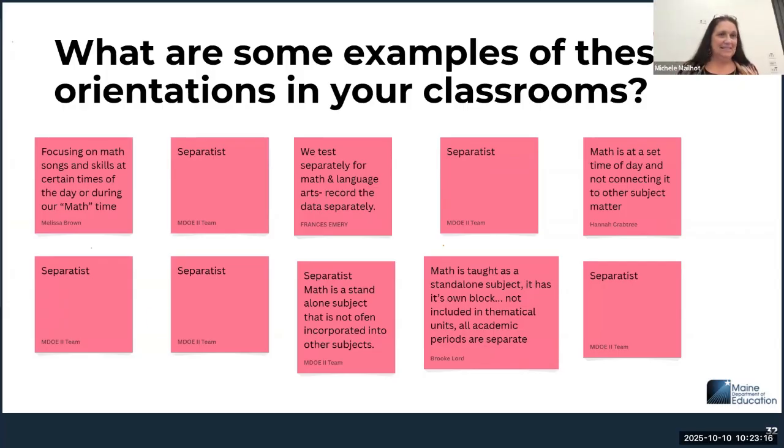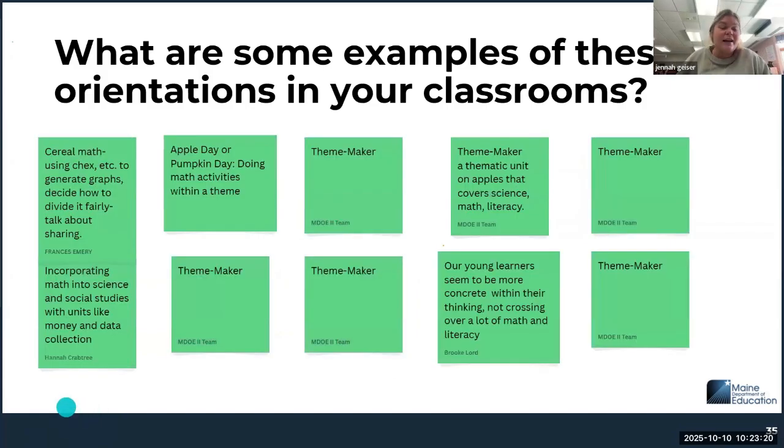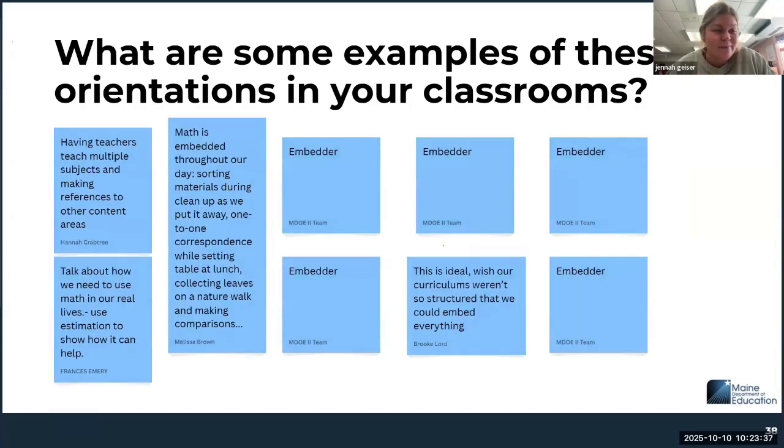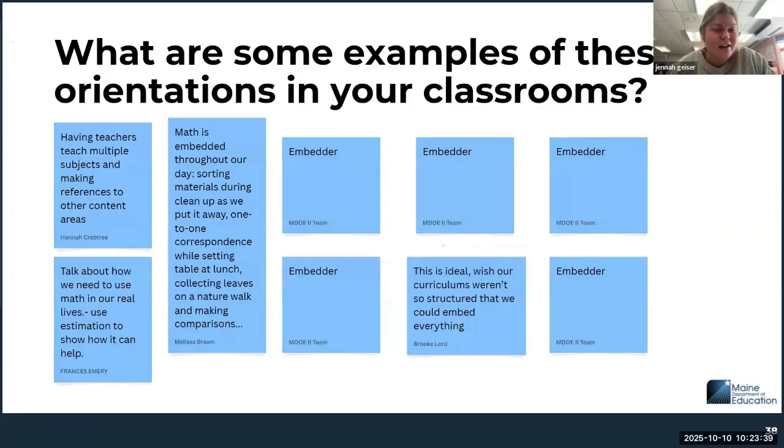For the second part, we talked about incorporating math into science and social studies with units like money and data collection. I teach second grade, and that's very common. Our last part was having teachers teach multiple subjects and making references to other content areas.